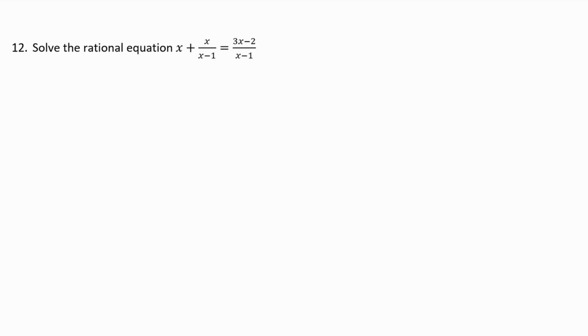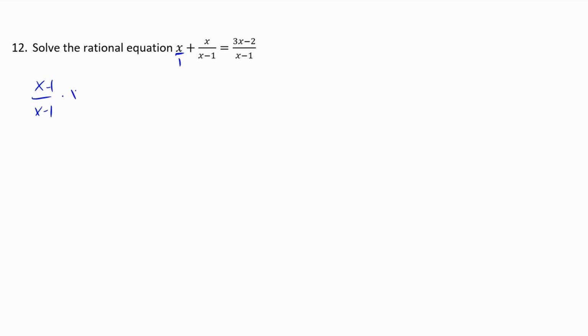All right, here in this question, we want to solve this rational equation. So I look in the denominators and I see that this first fraction, this x over 1, is not having this x minus 1 happening. So I need to make it have an x minus 1. So I'm going to multiply it by x minus 1 over x minus 1.